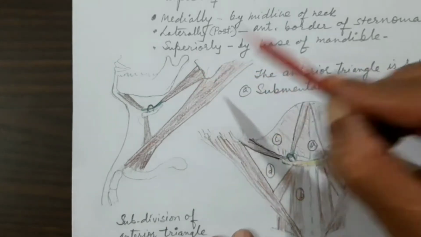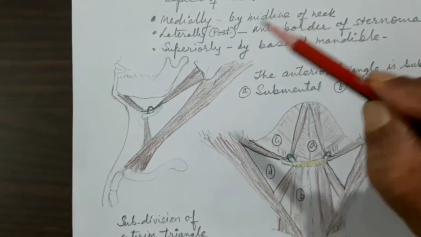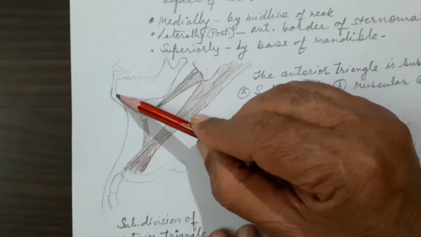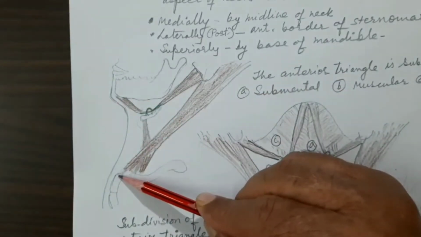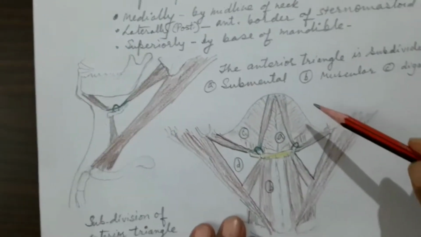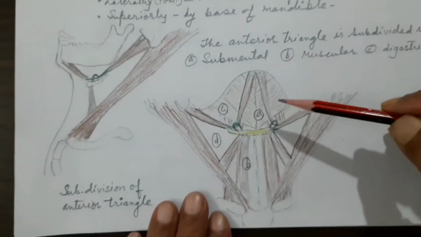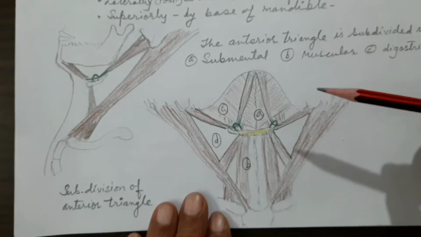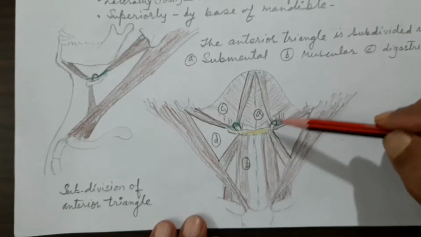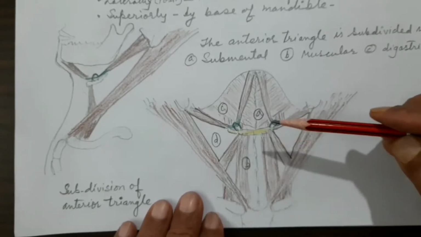Now this anterior triangle, as I said, is bounded anteriorly by the midline of the neck, which extends from the symphysis menti of the mandible to the manubrium sterni. You can see this in a diagram from the anterior aspect, showing the undersurface of the mandible, the submandibular area, as well as the anterior aspect of the neck.